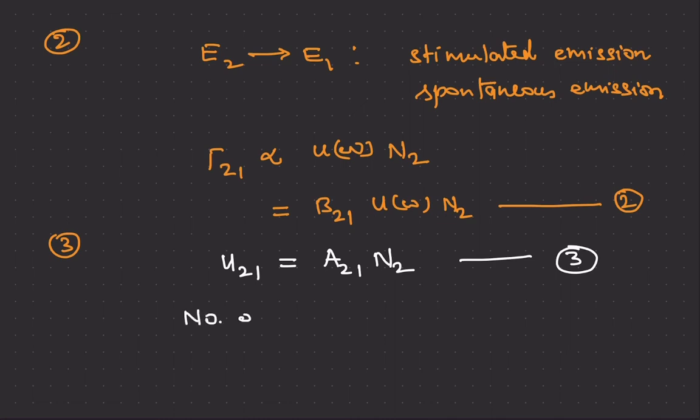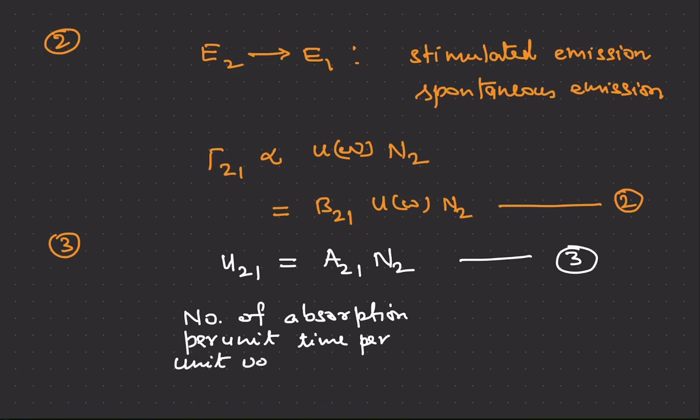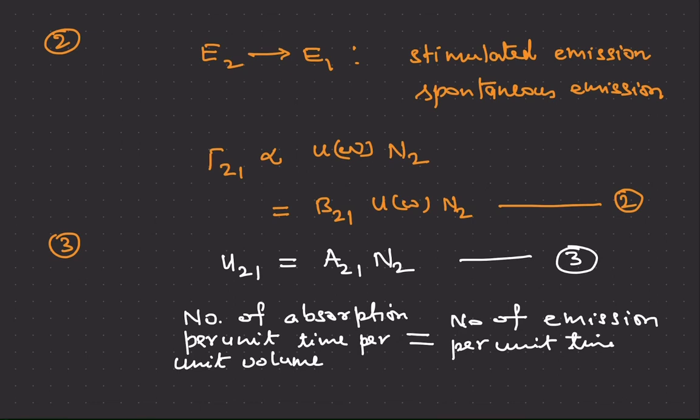That is, the number of absorptions per unit time per unit volume is equal to the number of emissions per unit time per unit volume.